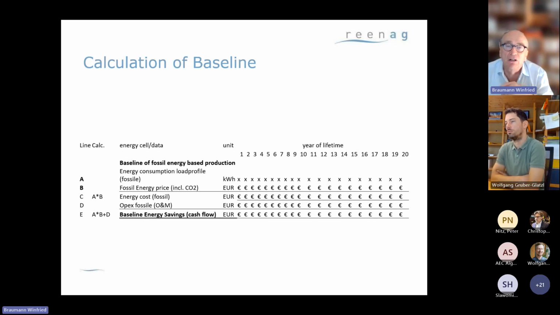The future fossil energy consumption times the future fossil energy price gives the future energy cost, and added with the OPEX on the fossil energy system, we arrive at the baseline energy savings, which is treated as a positive cash flow.